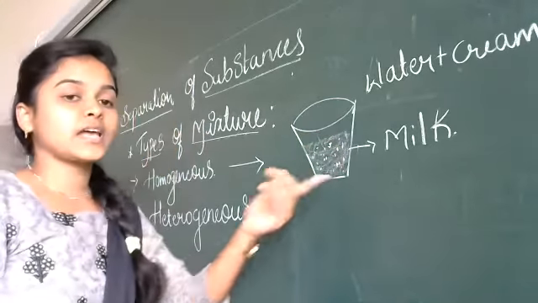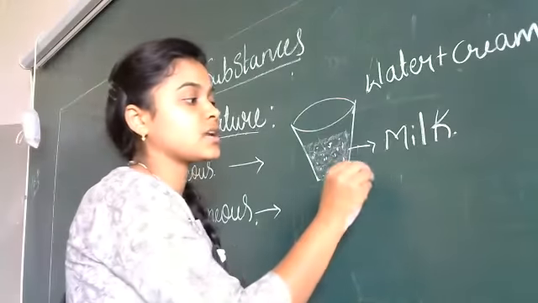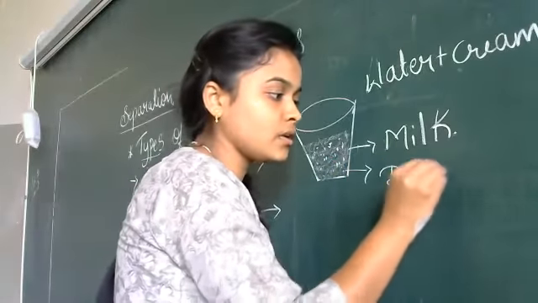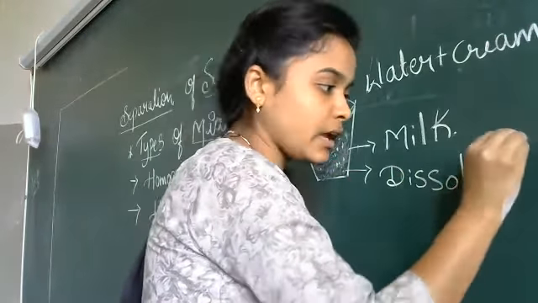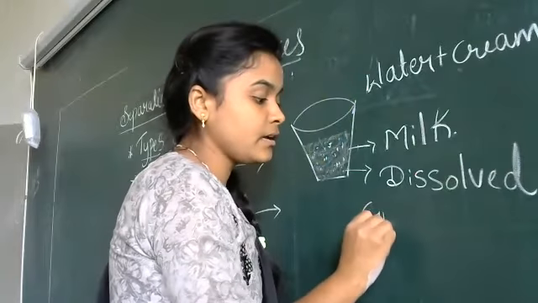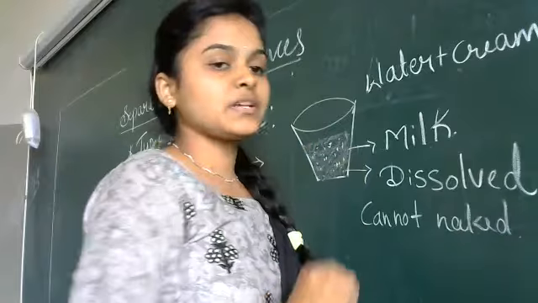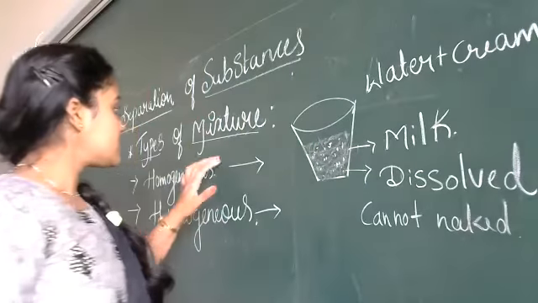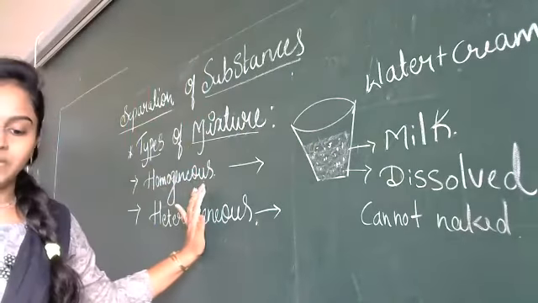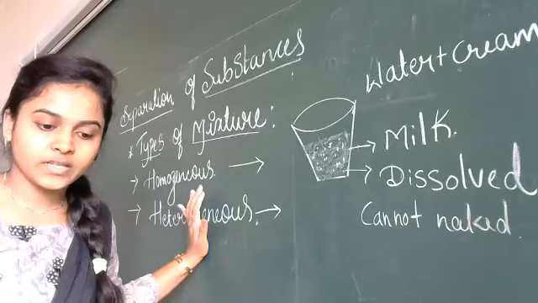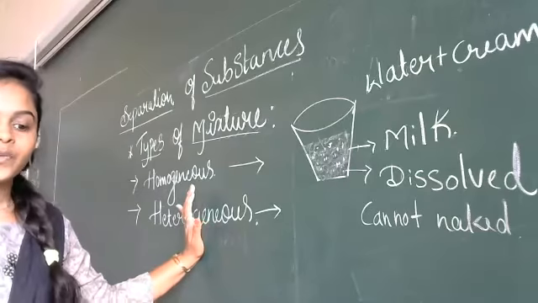That is why we cannot see the particles of cream or the particles of water separately. So the mixtures which are completely mixed, completely dissolved, and which we cannot see by our naked eyes, such mixtures are called homogeneous mixtures. Understood what is meant by homogeneous mixture?